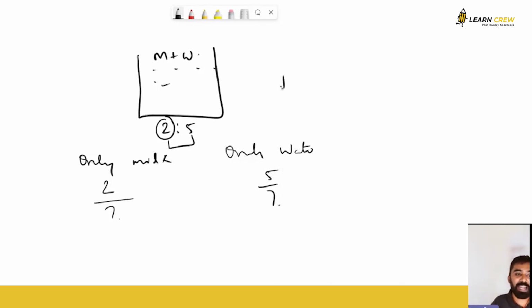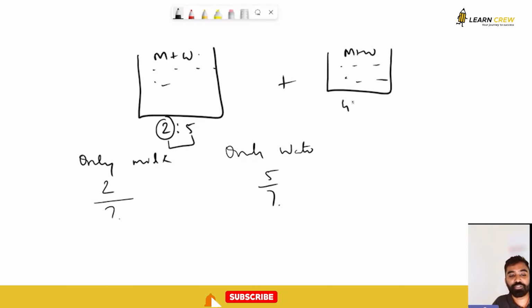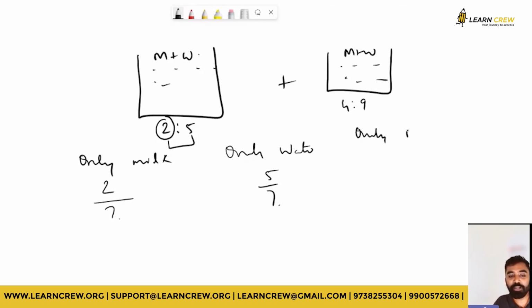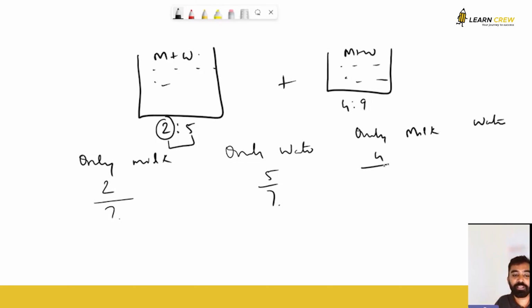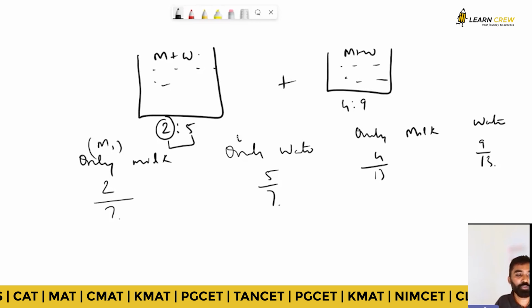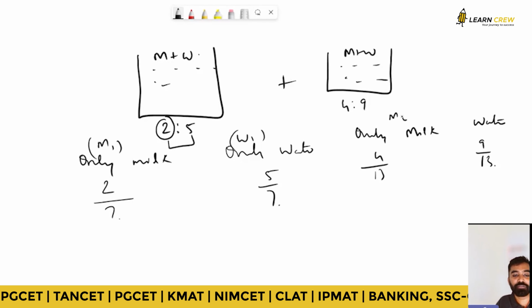Then if I add another container with milk plus water in the ratio 4:9, what is only milk here? 4/13, and only water is 9/13. If I want to combine both, this is milk 1, this is water 1, this is milk 2, this is water 2.